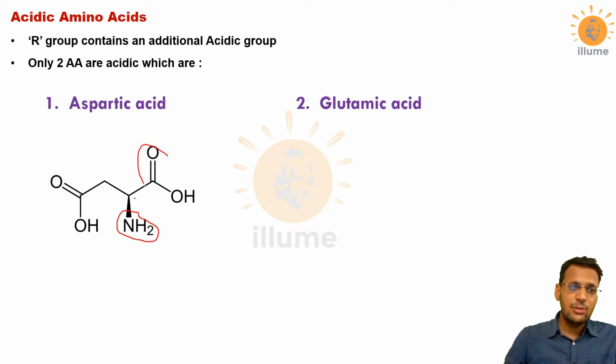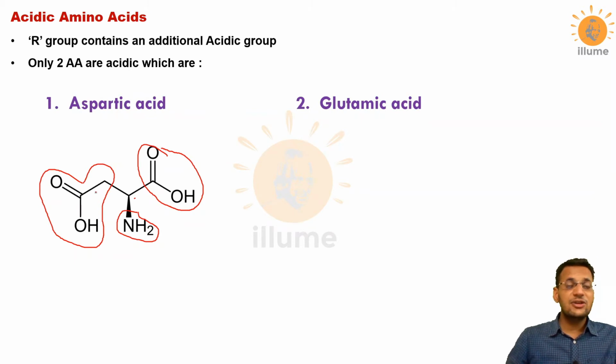This is the C double bond OH group, and this is the R group in aspartic acid, which is the differentiating feature. This R group contains a COOH group, a carboxylic acid group. That's why this amino acid is acidic, hence the name aspartic acid.